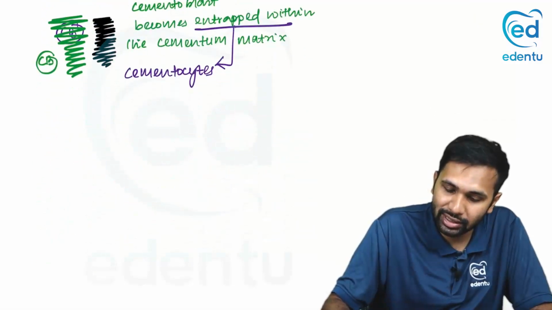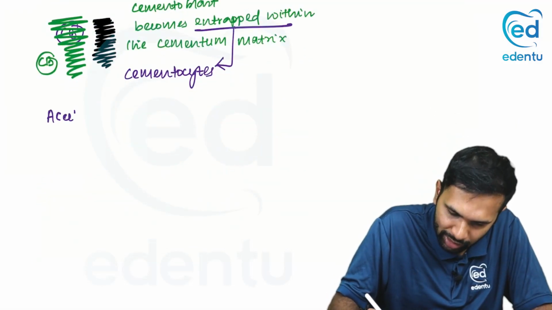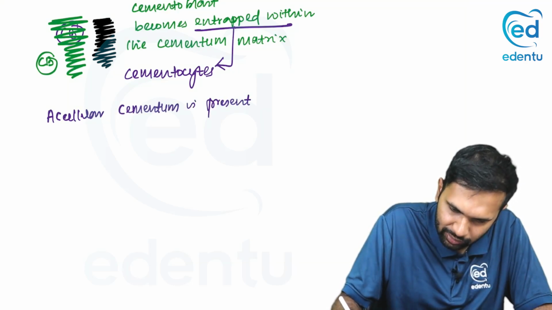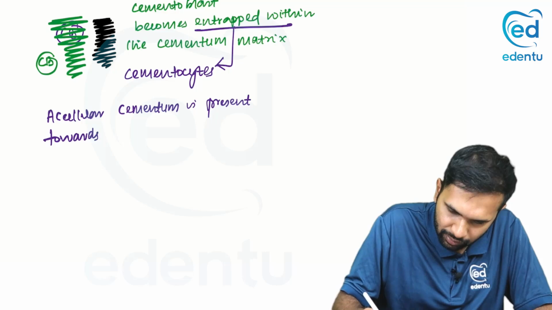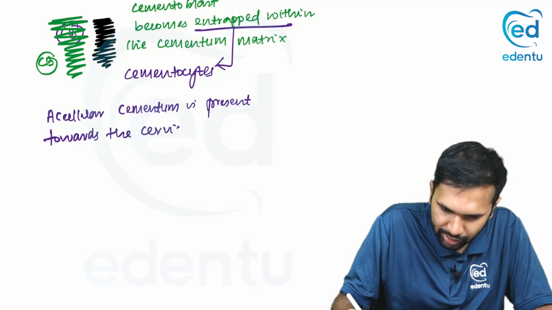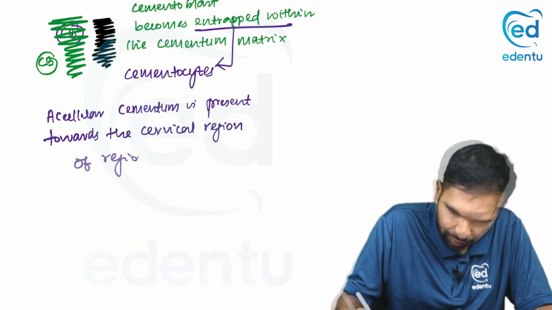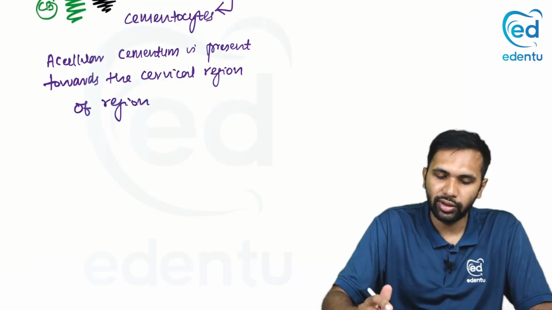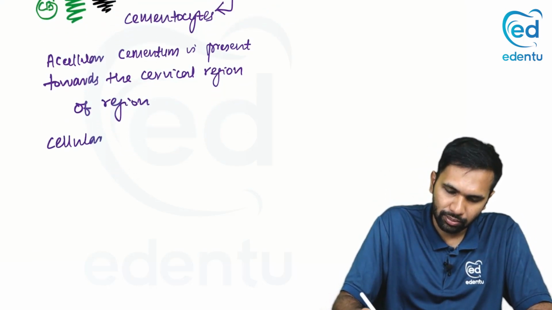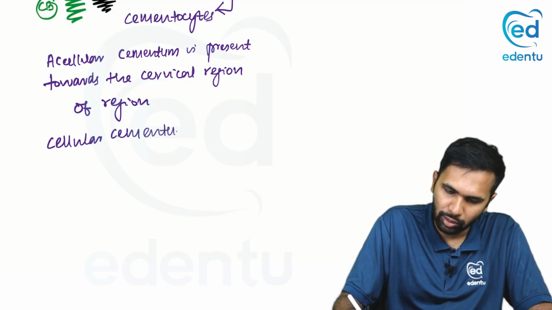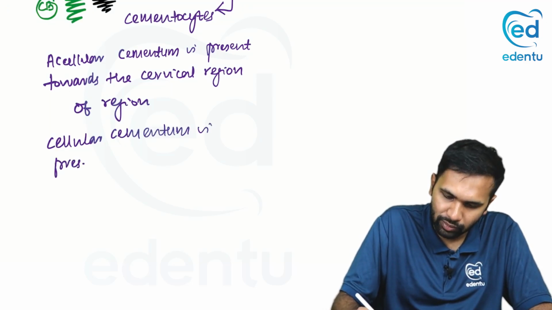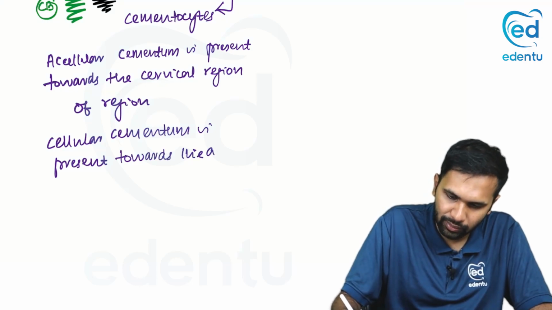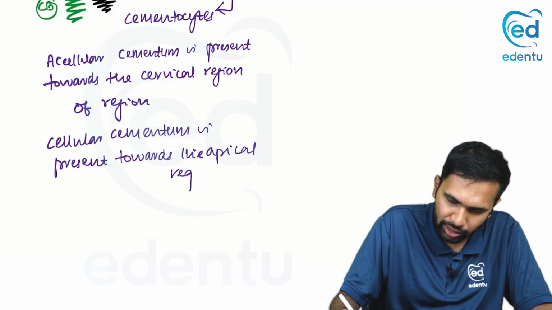The acellular cementum is present towards the cervical region of the root, that is coronally near the crown, whereas cellular cementum is present towards the apex or the apical region.